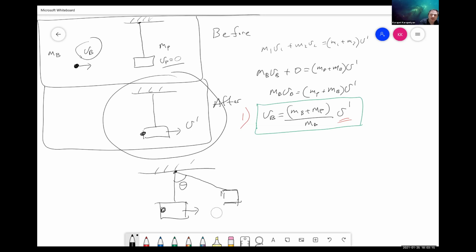That means for my experiment, as soon as the bullet hits the pendulum, they're going to go up, stop, and then come back down. So right after the collision and a few seconds after, I have an experiment like this. What I can do here is use conservation of energy to find this v prime, because v prime is the velocity of the system after the collision.